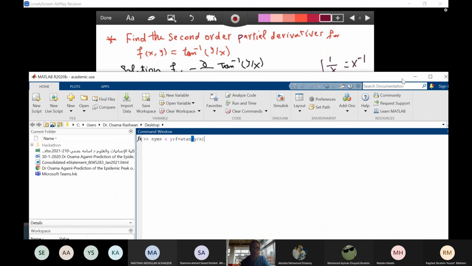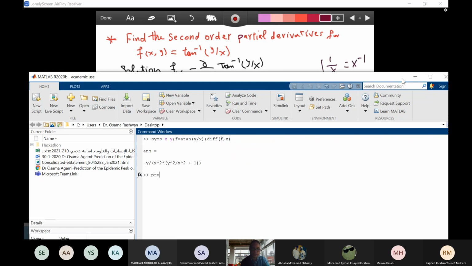I finish defining f. I would like to differentiate this one with respect to x. So what is the derivative command? Diff? Yes, I differentiate f with respect to x, so I just write comma x, and then I press enter. Yes, I have it.